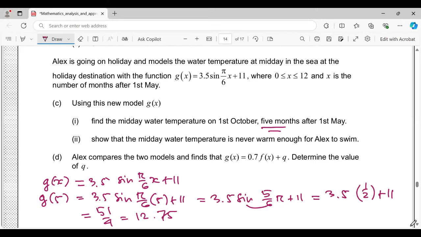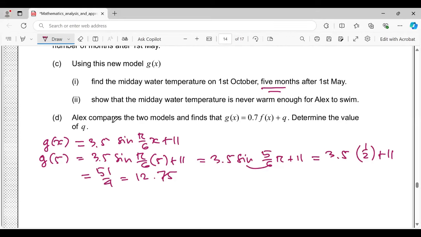Part 2. Show that the midday water temperature is never warm enough for Alex to swim. Okay, this is part 1, and next part 2.